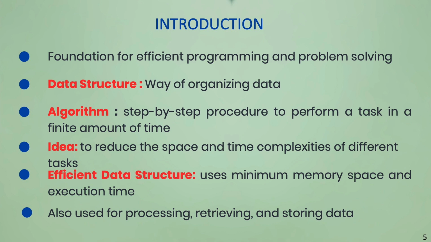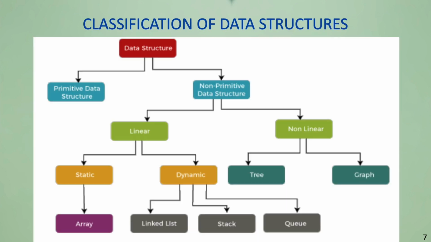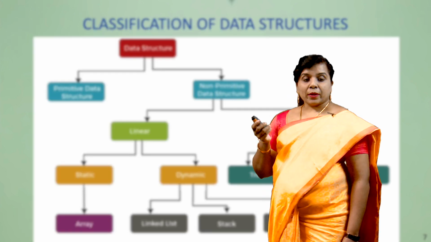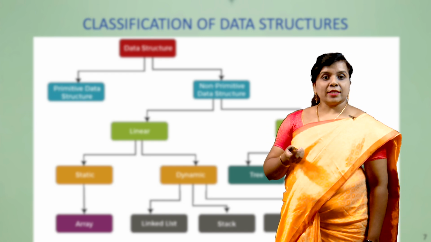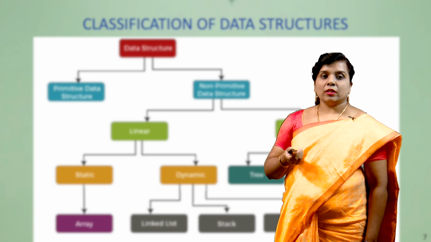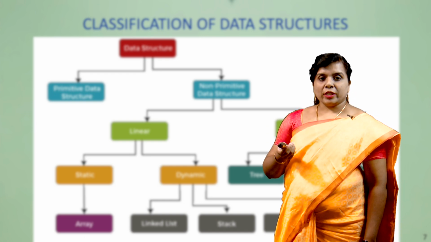What you see here is a classification of data structures. As I was telling before, a data structure provides us a way of organizing data in storage. The first classification of data structures is primitive and non-primitive data structures. By primitive, we mean the built-in types supported by a programming language.